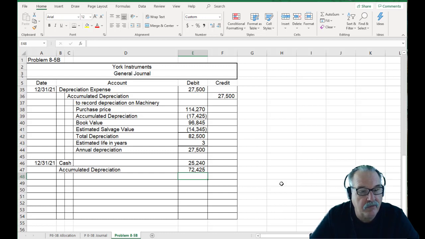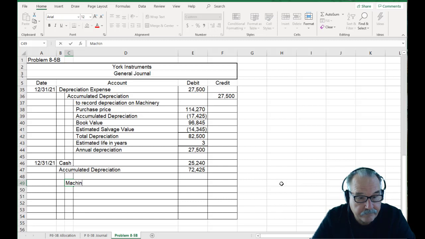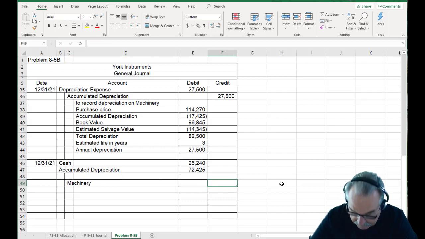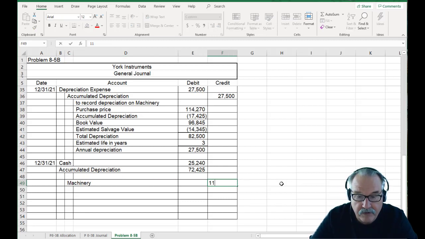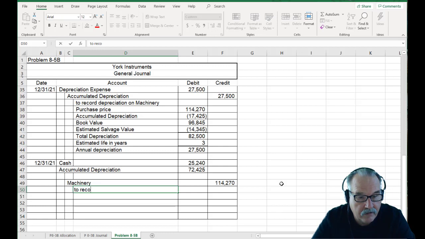So that accumulated depreciation account had that balance, $72,425 for years 1, 2, and 3. We also need to get rid of the machinery. And it was originally $114,270. So this is to record sale of machinery.